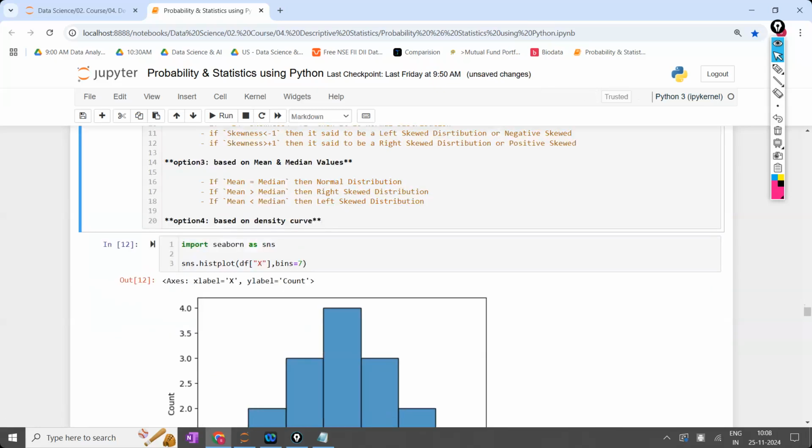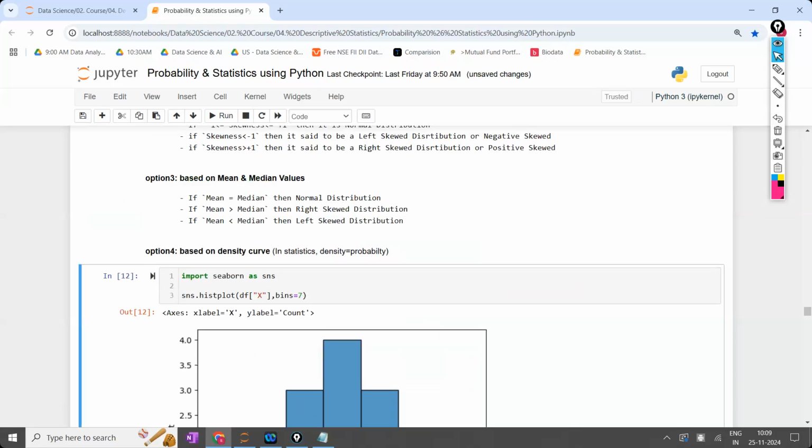In statistics, density is also called probability. Density is equal to probability. Both are the same. They use the technical word density in statistics, which is also called probability.